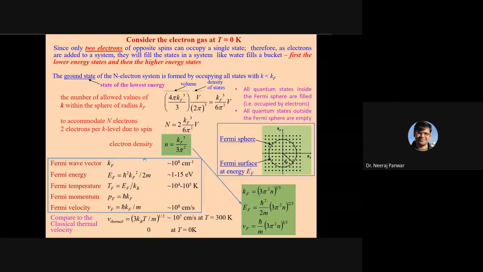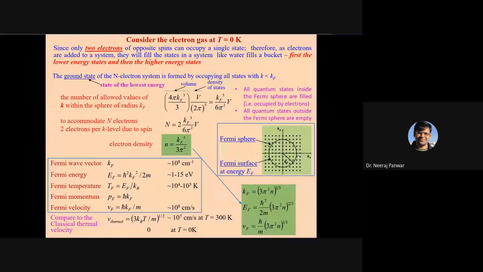Based on our discussion, we calculated that at T equal to 0 Kelvin, we can have a Fermi sphere, and all the states up to the Fermi sphere will be occupied by electrons, and these electrons will be accommodated as per the Pauli exclusion principle.